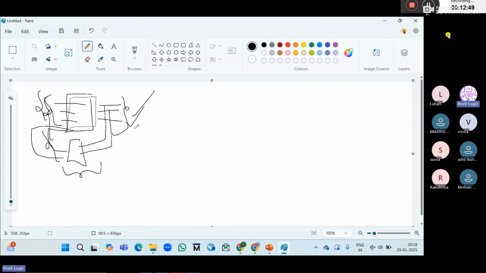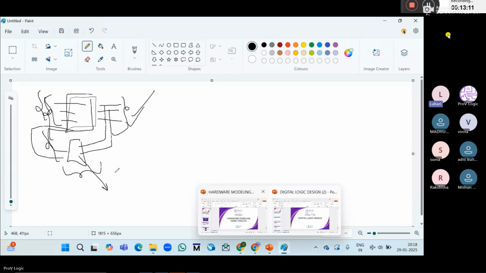Because of the dependency on two different signals in Mealy, we'll get glitches. Before that, you need to know the glitch concept. These two are asynchronous; sometimes one signal may be fast and the other slow, so there will be a timing difference between them.